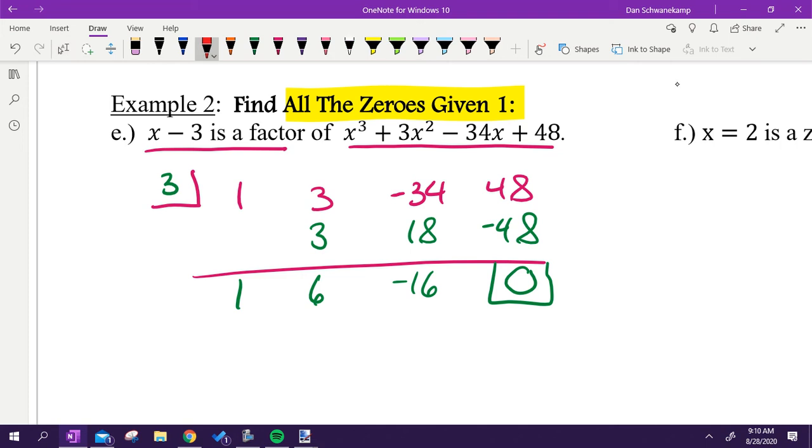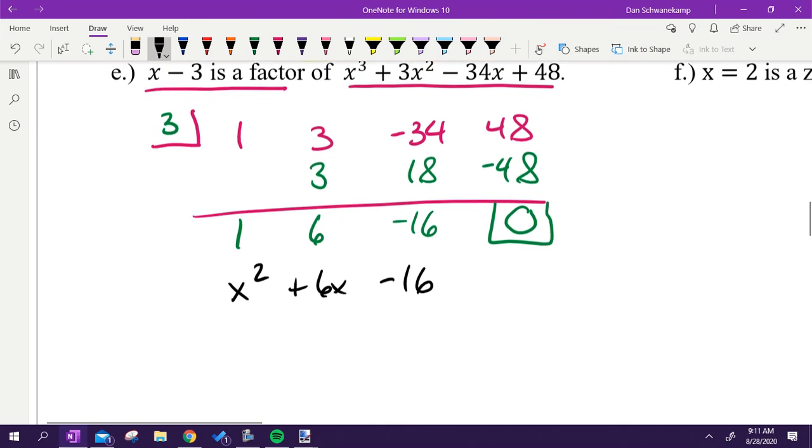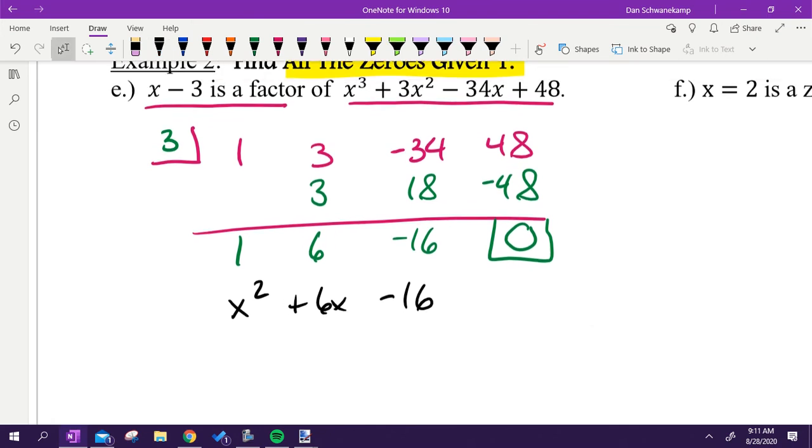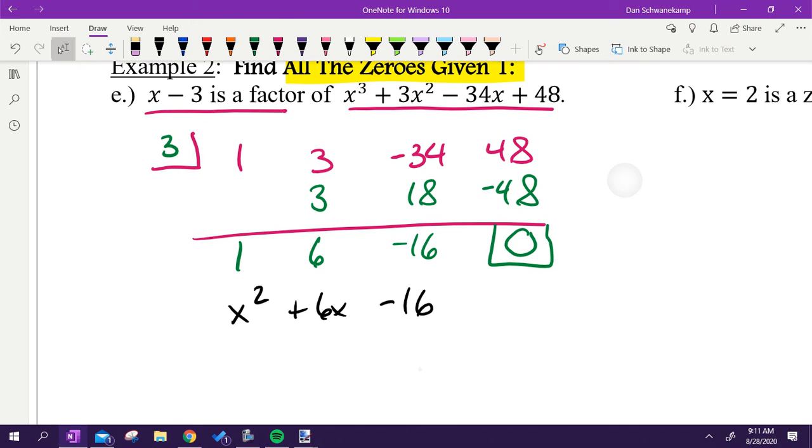So Megan, what does this 1, 6, negative 16 represent here? Good. And so she wrote the polynomial x squared plus 6x minus 16. But our whole goal here is to find all of the zeros. And since it was an x cubed polynomial, I'm going to get 3 answers in the end.